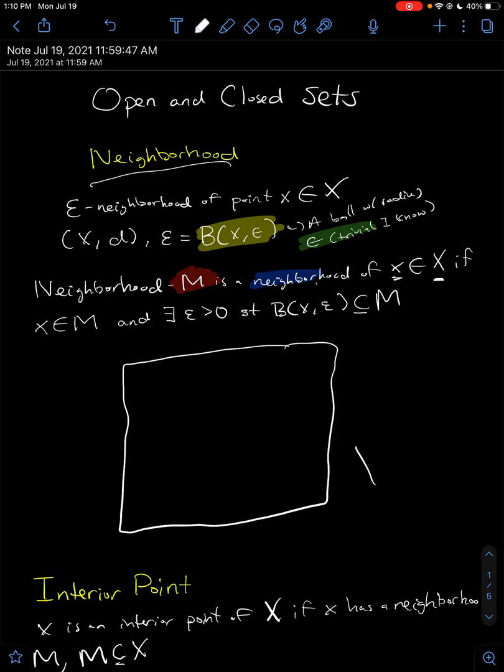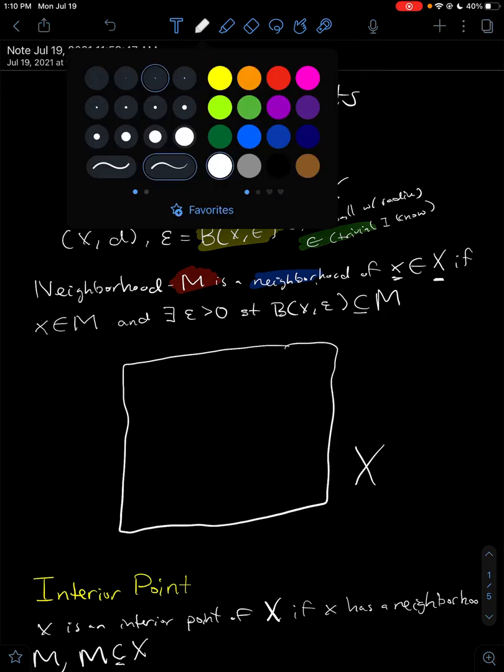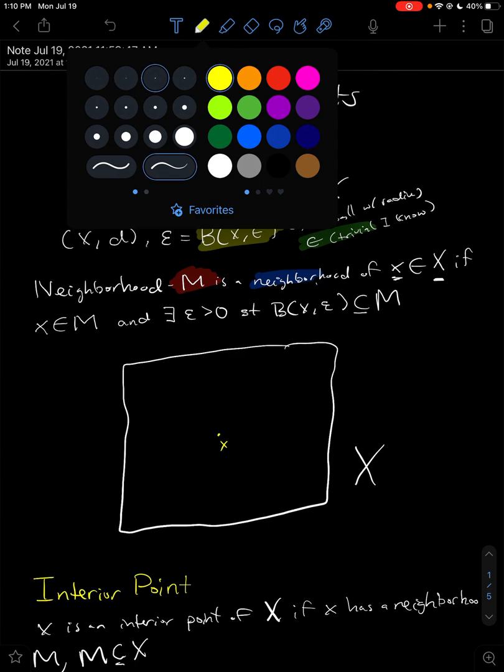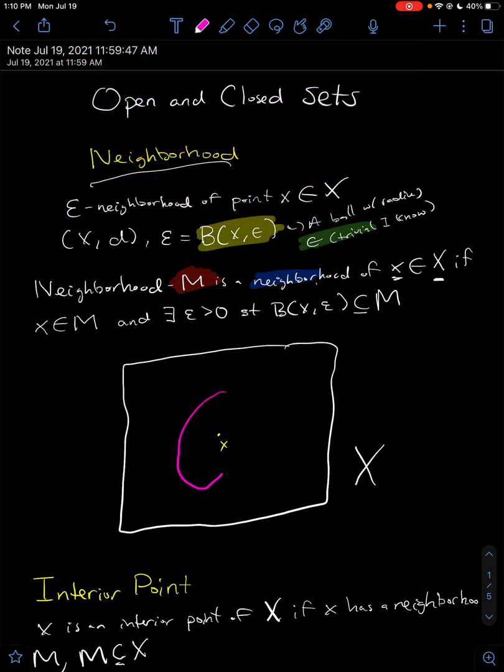We have some big set X, and I have some point small x. Then I have another set, let's call this set M. This M set is the set of all these points you see in here and the boundary.